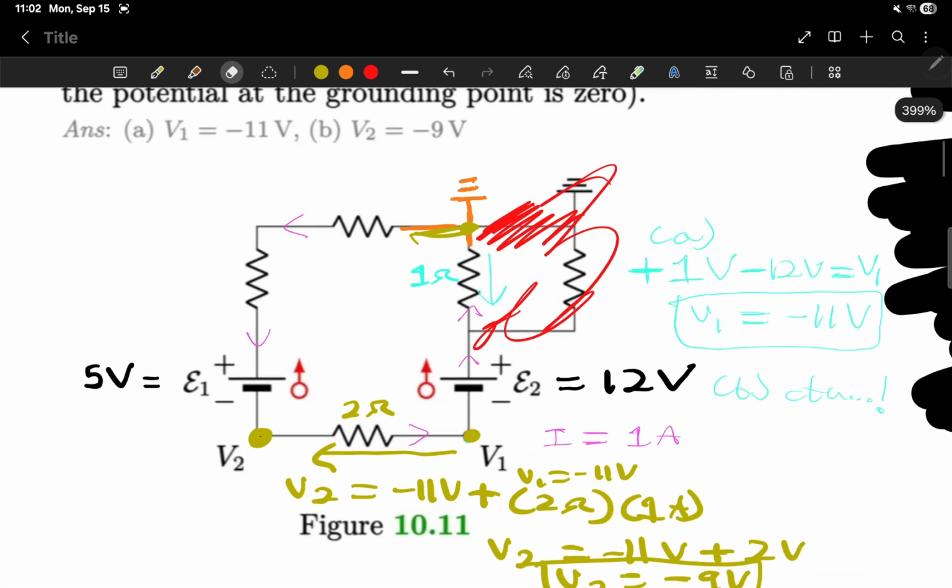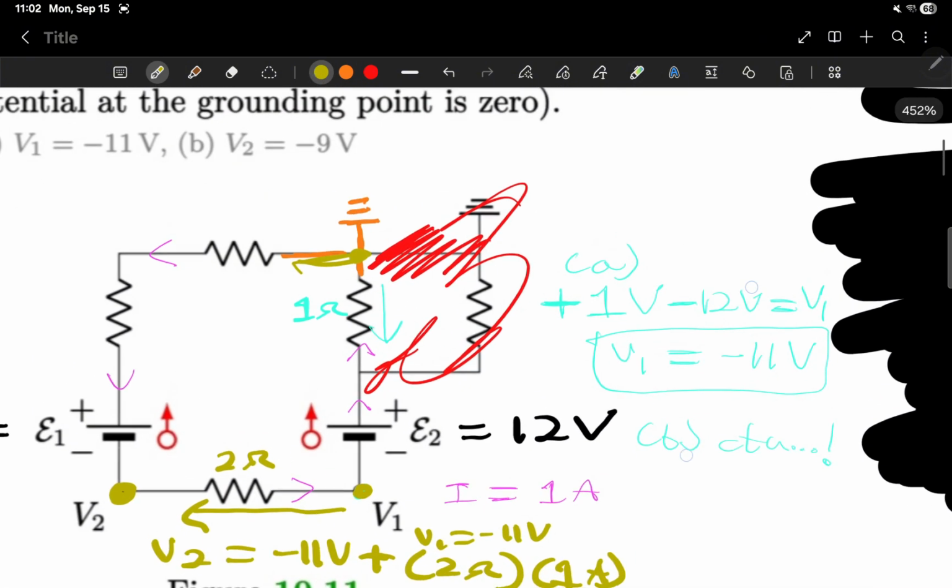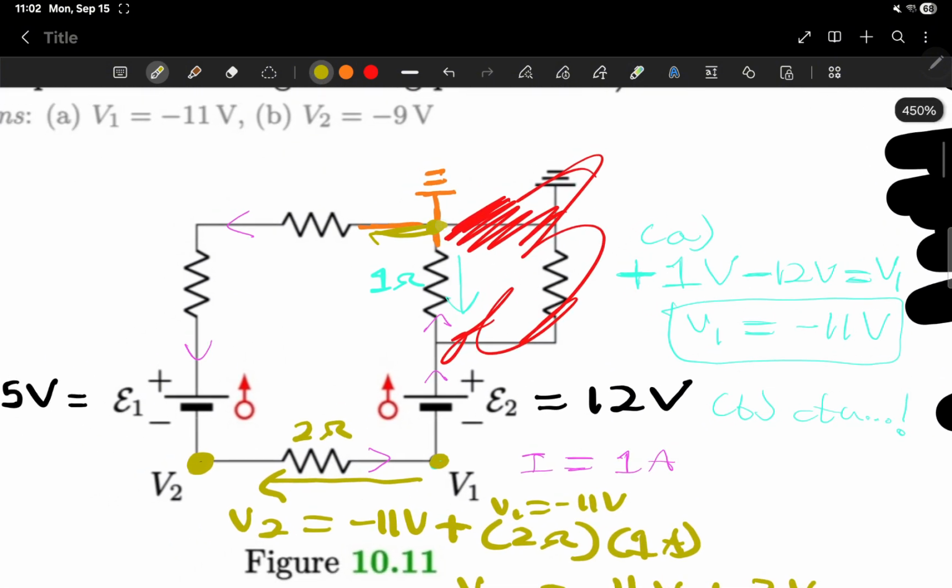So the idea is, if the circuit is big and complicated, maybe condense it down, make the branches shorter, and combine what you can into one resistor using the equivalent resistance formula. Then, if they've given you information that at some point the voltage is 0, start there and do a loop rule, but not necessarily a full loop.